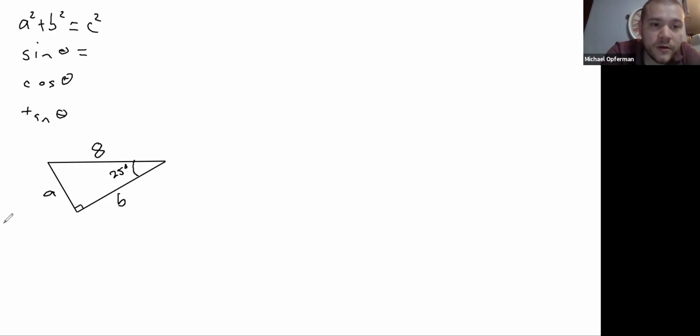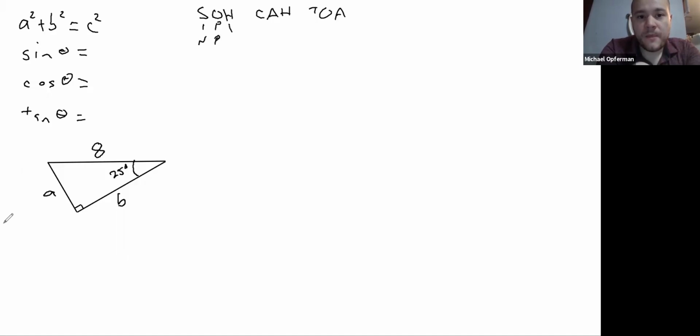Now, I'm sure you learned the mnemonic for how to remember what sine, cosine, and tangent are equal to. But if you haven't, the way most people remember this is SOH CAH TOA, which stands for sine is opposite over hypotenuse, cosine is adjacent over hypotenuse, and tan is opposite over adjacent.